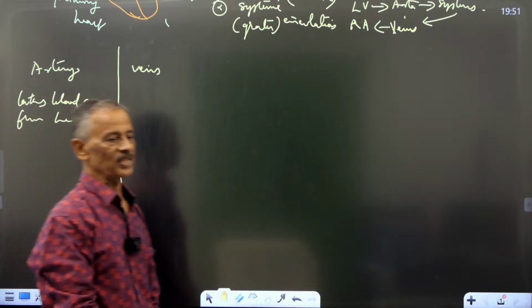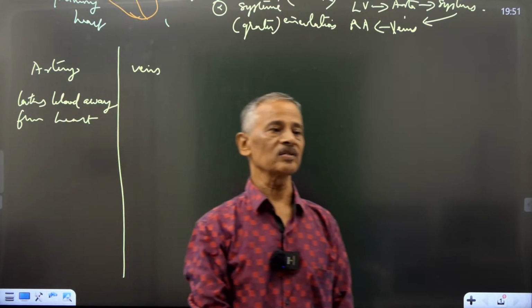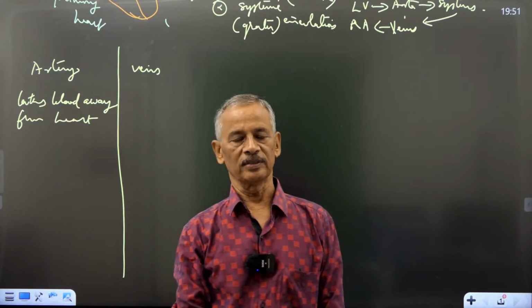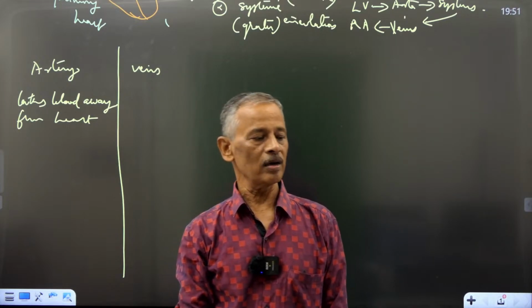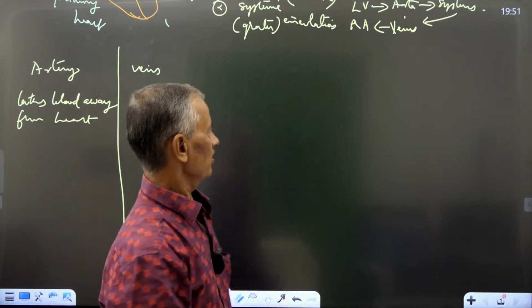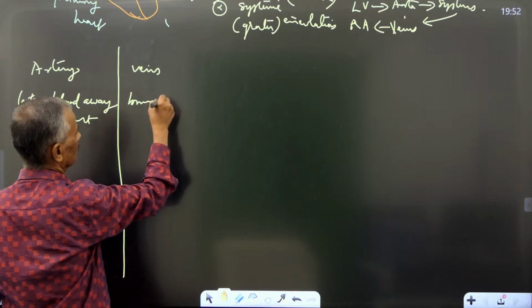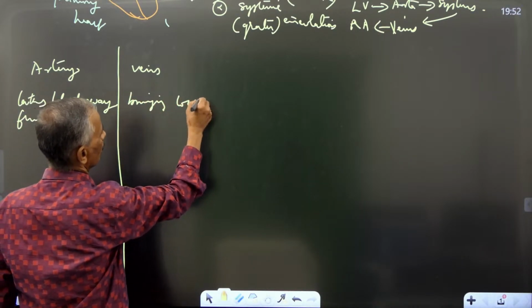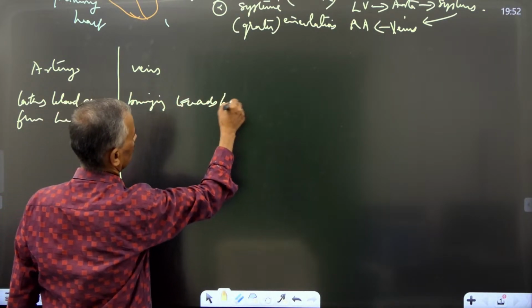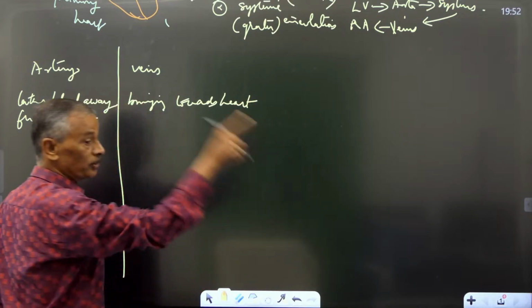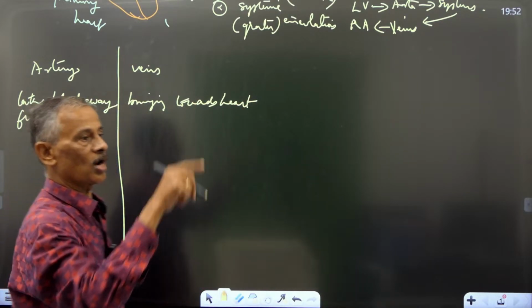Always, that blood vessel that is taking blood to further and further parts of the body is called an artery. And a vein is always bringing blood towards the heart. It need not bring blood to the heart, but nearer to the heart.